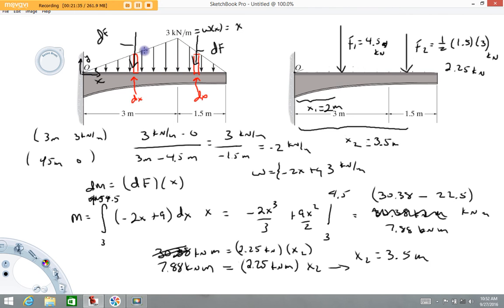The centroid of a triangle is 1/3 from the corner. So in this example, the triangular load can be considered a single force of 1/2 times 3 times 3 in value, located 1/3 in from the corner, which would be at x equals 2 meters, which is what we calculated before.